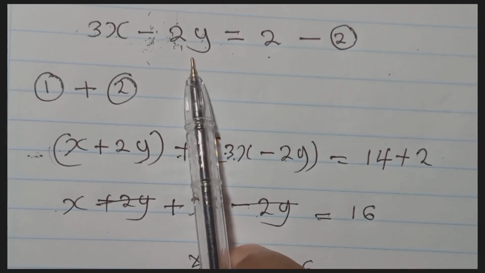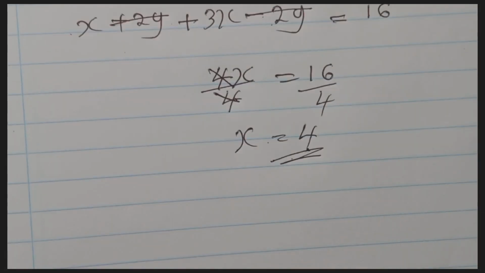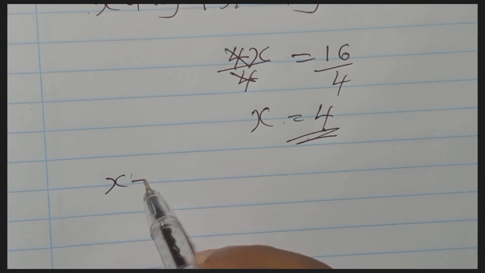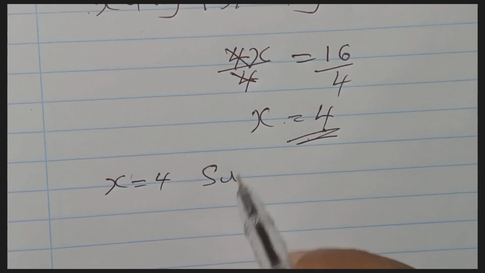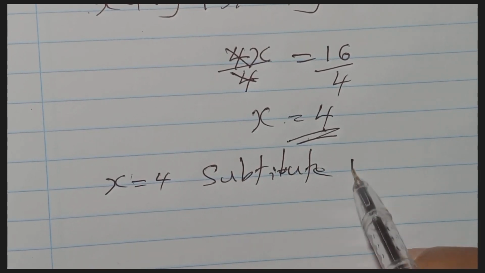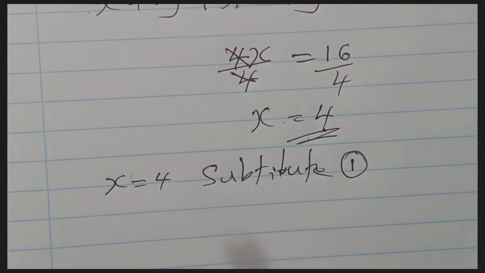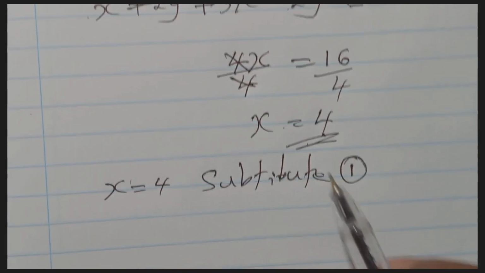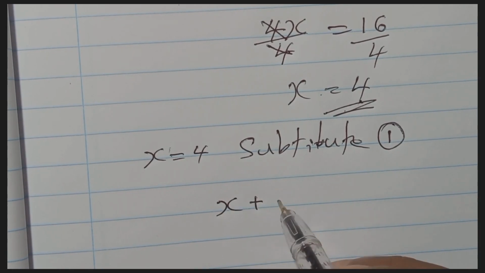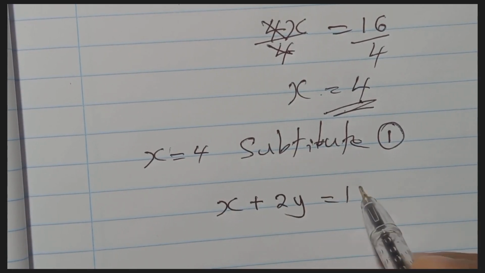How to find y value? We do this way: where x equals 4, substitute to equation 1 or 2. You can choose as you wish, equation 1 or 2. That means basic idea, we write again equation 1: x plus 2y equal 14.